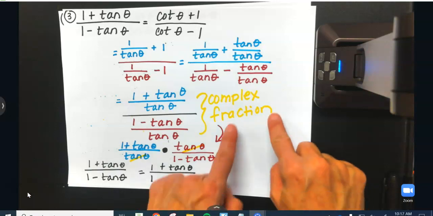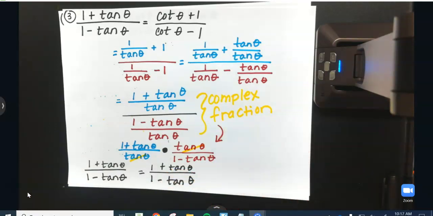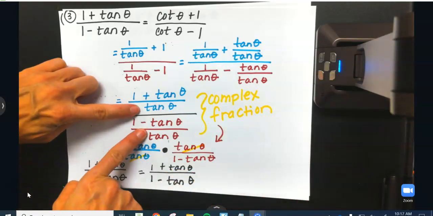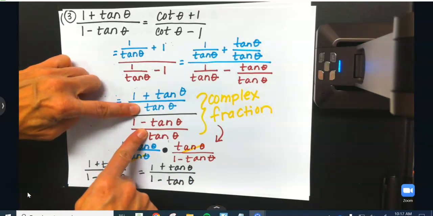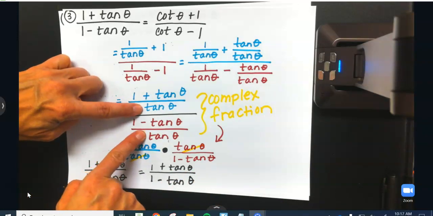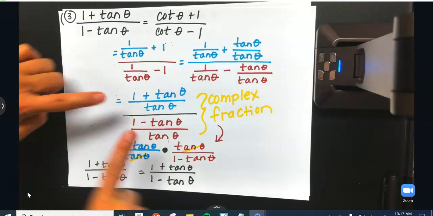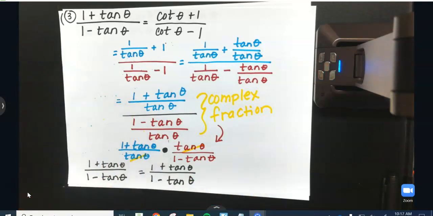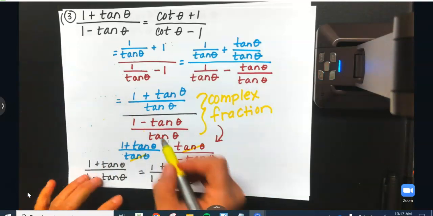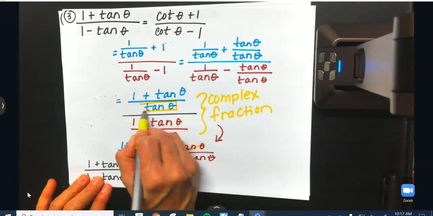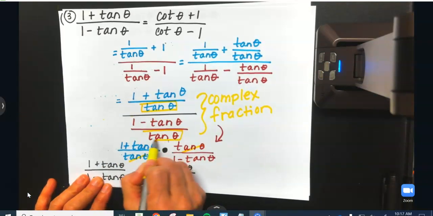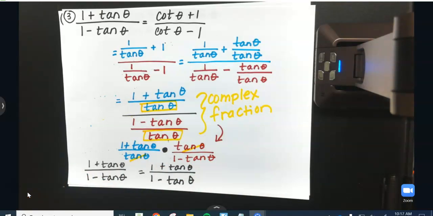Now look what I wrote in yellow. If you remember these are the same, and some of your teachers probably taught you this, if you go from this step to this step, that's cool with me. But remember, it only works when these two are exactly the same.